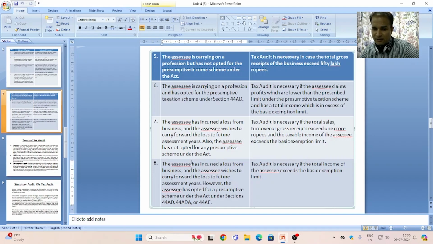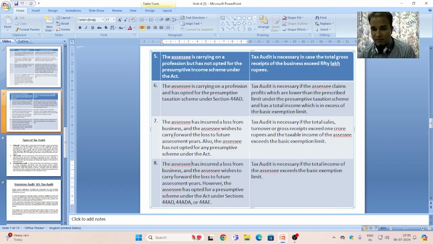And the last category, that is point number 8. The SSC has incurred a loss from business and the SSC wishes to carry forward the loss to future assessment years. However, the SSC has opted for a presumptive scheme under section 44AD, 44ADA or 44AE.